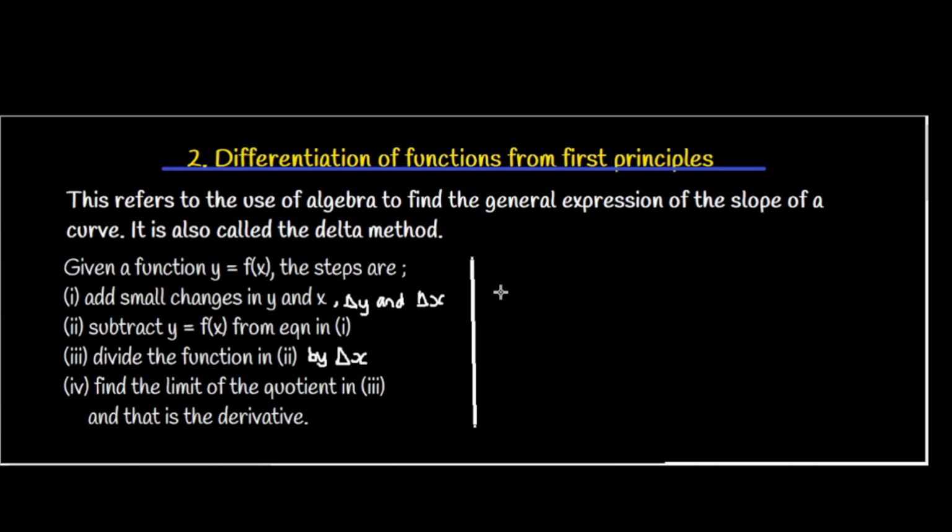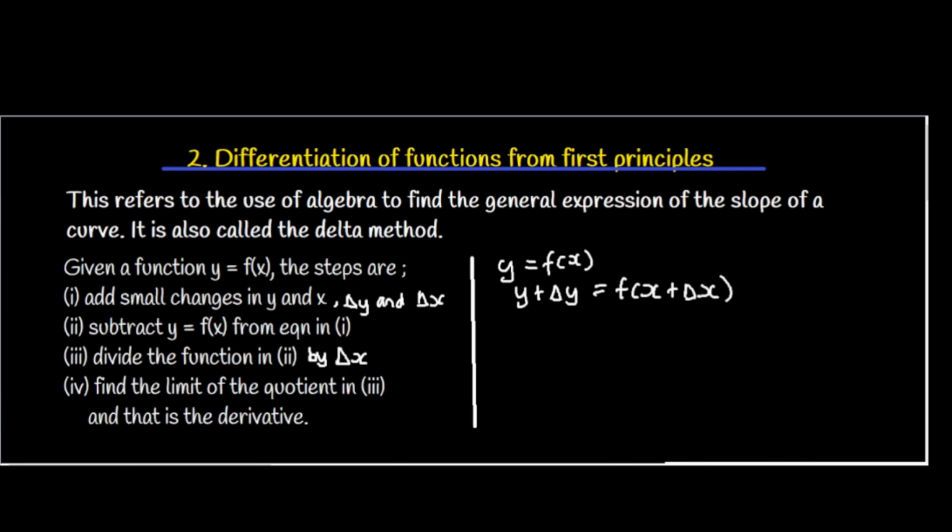It means that if our function is y equal to f of x, then we add small changes, and that gives us y plus change in y equal to f of x plus change in x. This is the established equation.